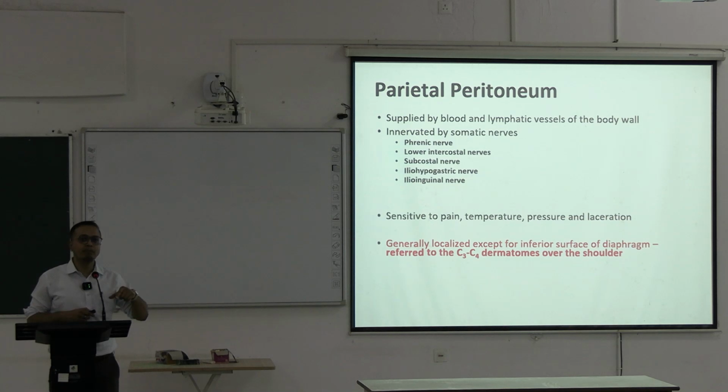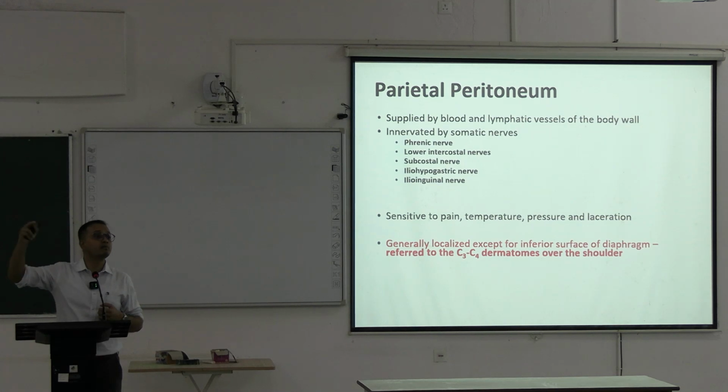Having a parietal peritoneum sensitive to pain gives us a clue to abdominal pains. If you have a pain related to the undersurface of the diaphragm, it will radiate to the phrenic nerve domain. We learned that the phrenic nerve comes from C3, C4, C5, which is over the tip of the shoulder.